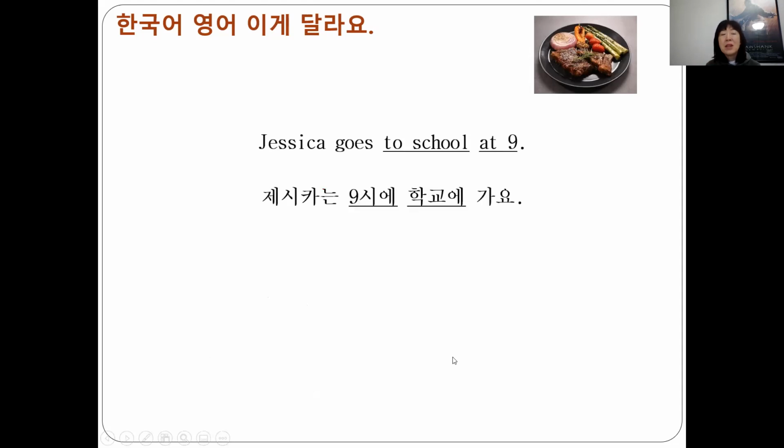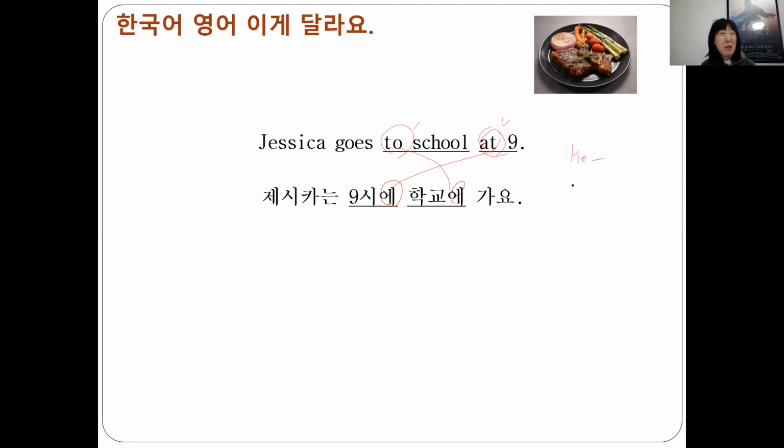자, next, case markers are a part of particles. So in English, Jessica goes to school at 9, then to, at, like these ones we call prepositions, right? But we also have particles that are equivalent to English prepositions like 에 and 에, 9시에, 학교에. But can you see, in English, these functional words are placed in front of a noun.